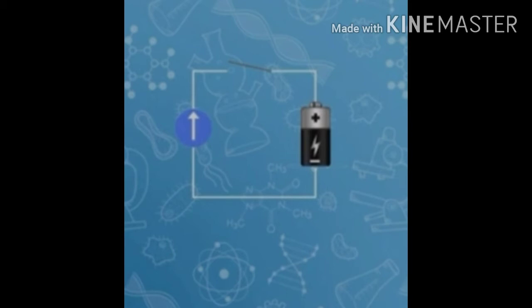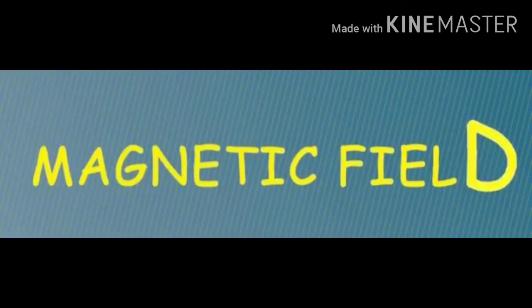Clear? Now next we'll have important terms, that is the magnetic field and magnetic field lines of force. We have the two terms, and first we will do the magnetic field. Actually, what is this magnetic field?